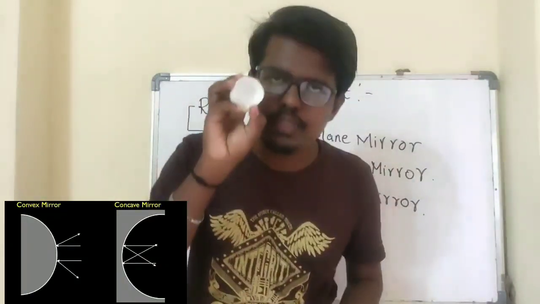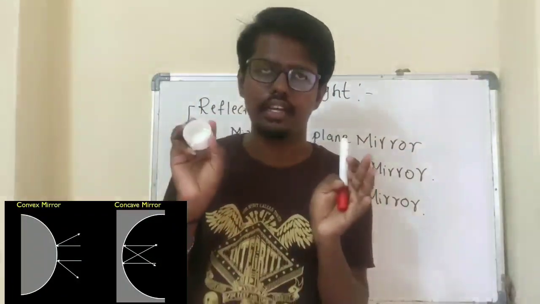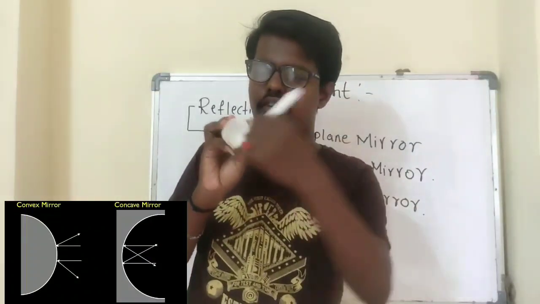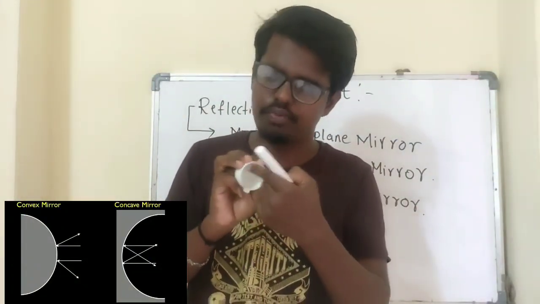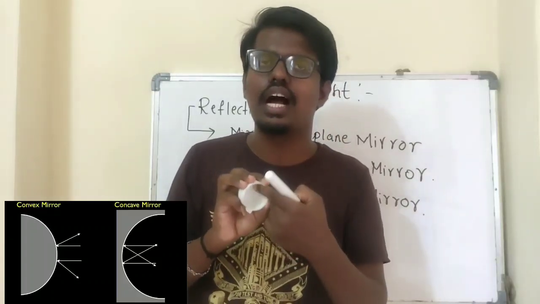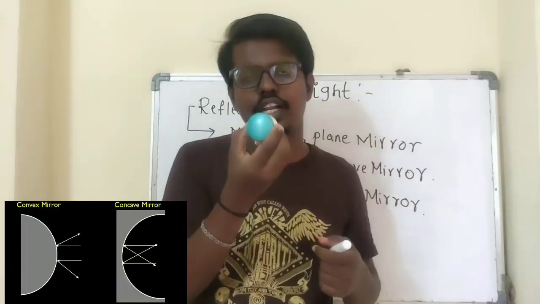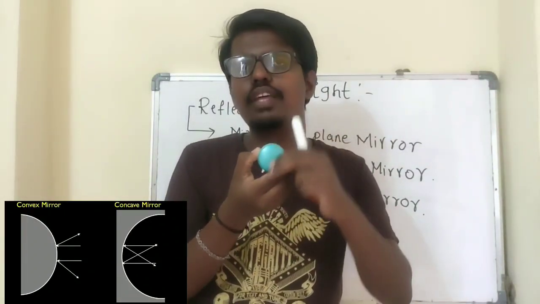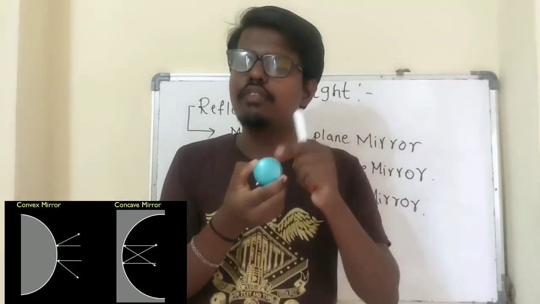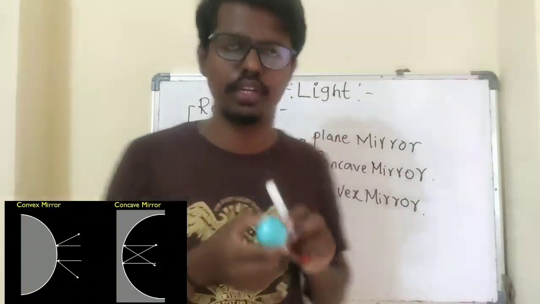If the spherical mirror is cut and the inner part is reflecting, meaning the inner part reflects the ray of light, that is called a concave mirror. If the upper or outward part of the mirror is reflecting, that type of mirror is a convex mirror.